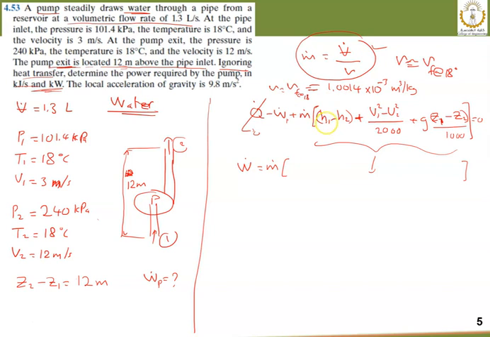And for H1 and H2, we have H that can be approximated to equal hf, but we said that to be more accurate, h equals hf plus vf times P minus P sat at 18 degrees centigrade.